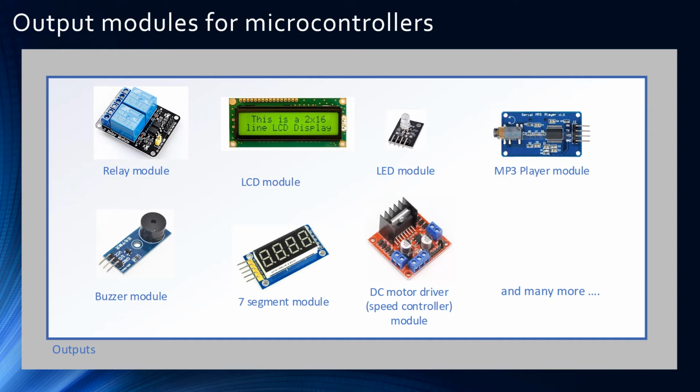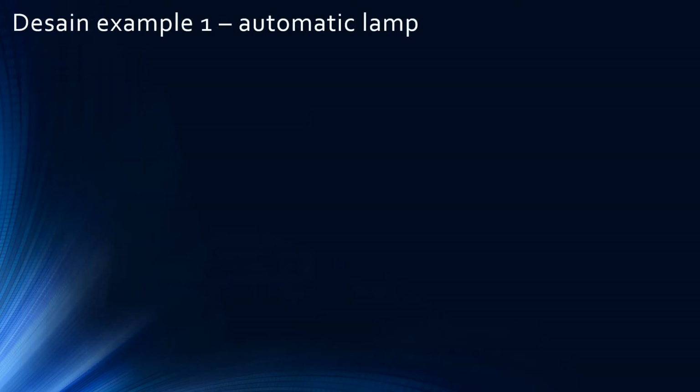I just want to remind you again, there are 3 block diagrams: input, microcontroller, and output. If you want to design, this is the step. Let's say this is a case study. Let's design an automatic lamp. The design specification is like this.